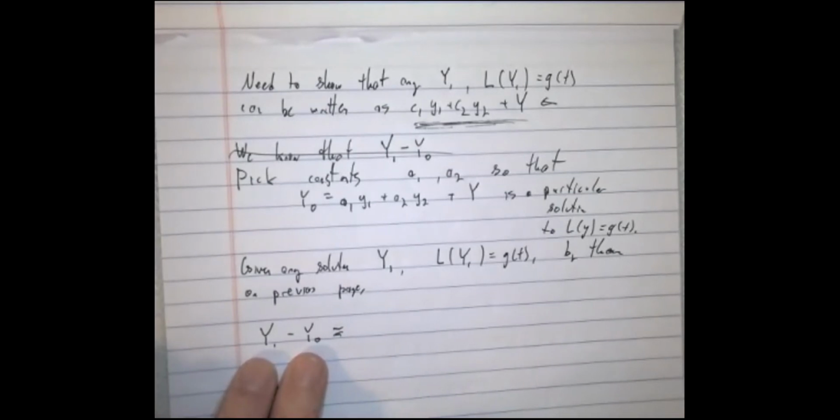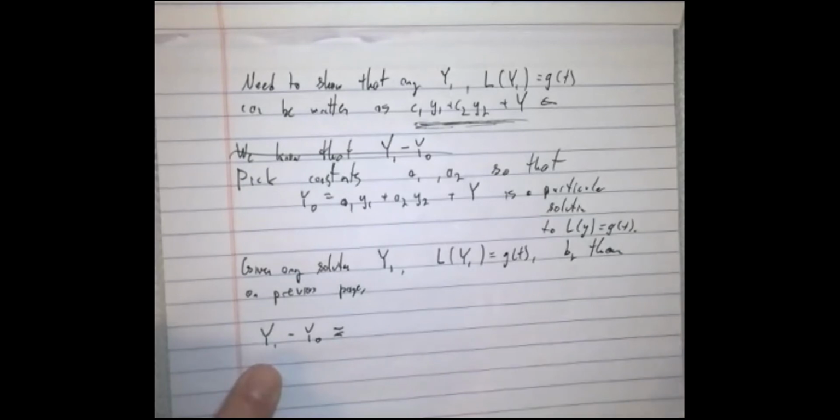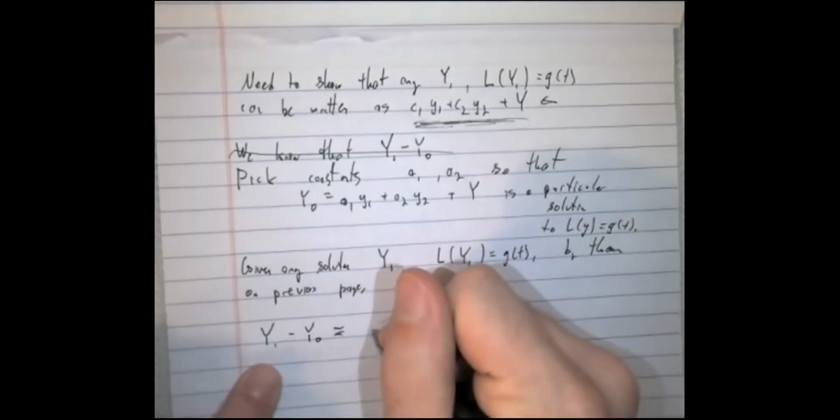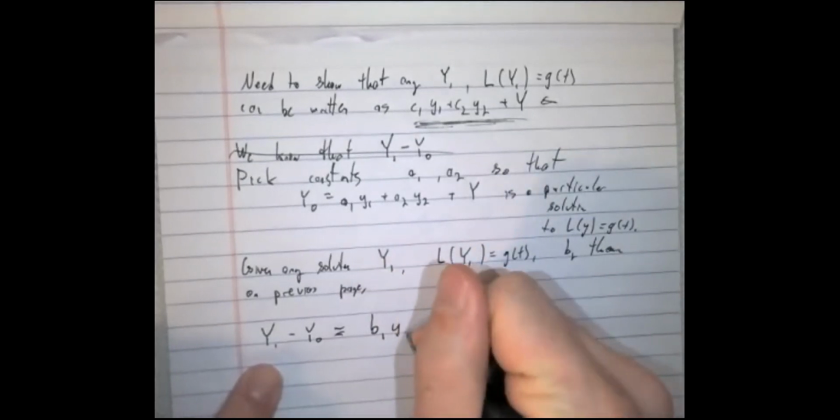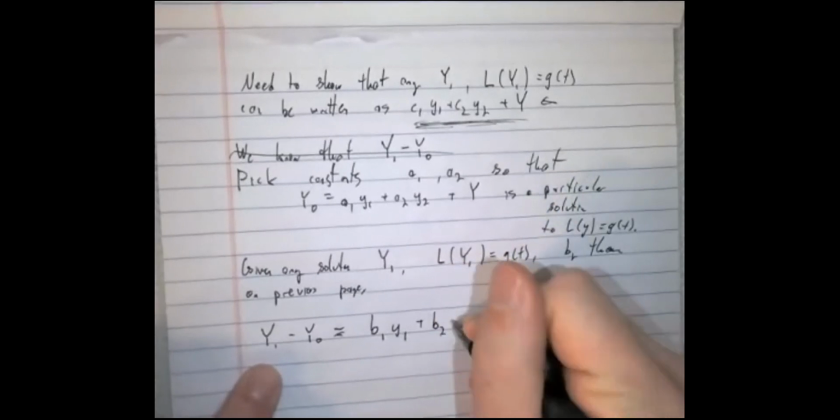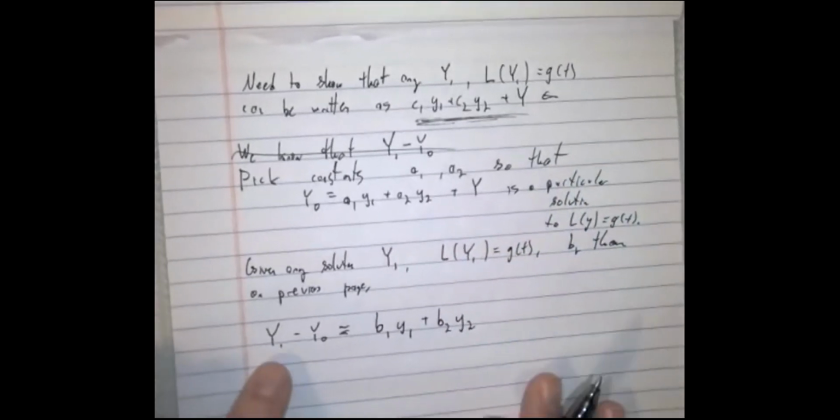So the difference is going to be a solution to the homogeneous one. Zero. Which means that I can write this in terms of the fundamental system. So this is going to be equal to some b1 y1 plus b2 y2, right?